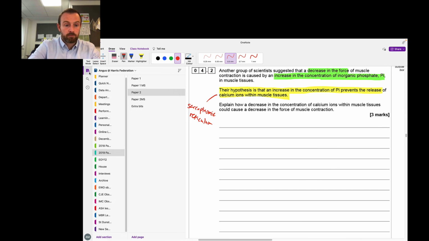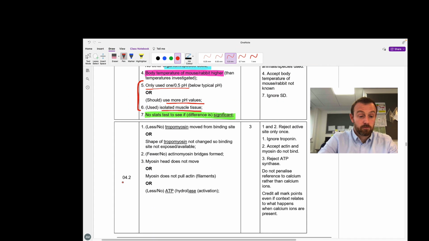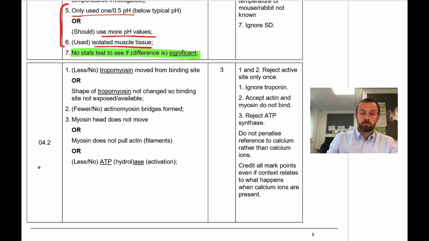Let's check the mark scheme. Troponin and tropomyosin moved from the binding site, or is not removed from the binding site, or the shape of the tropomyosin not changed. In AQA, you don't actually need to know about troponin, even though it's troponin that binds the calcium.